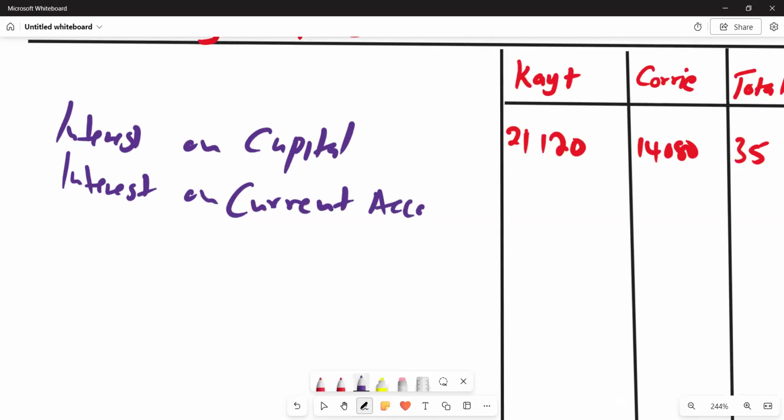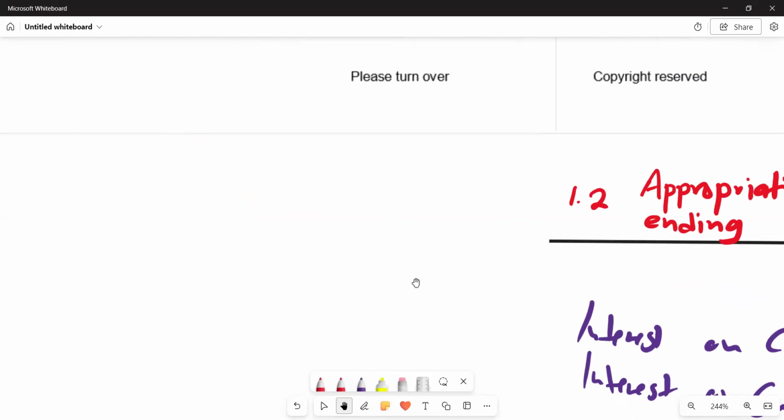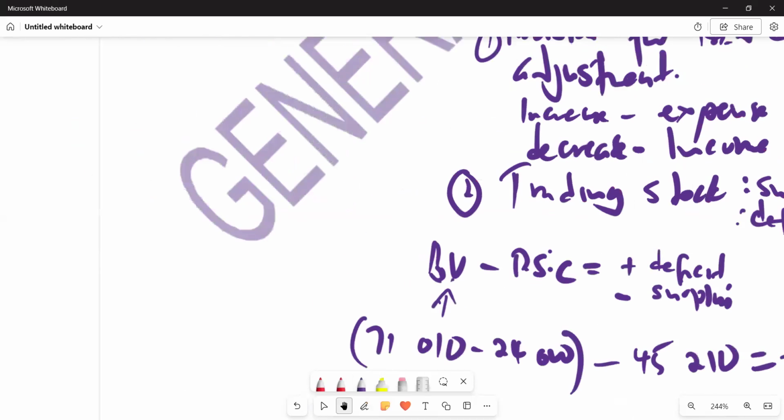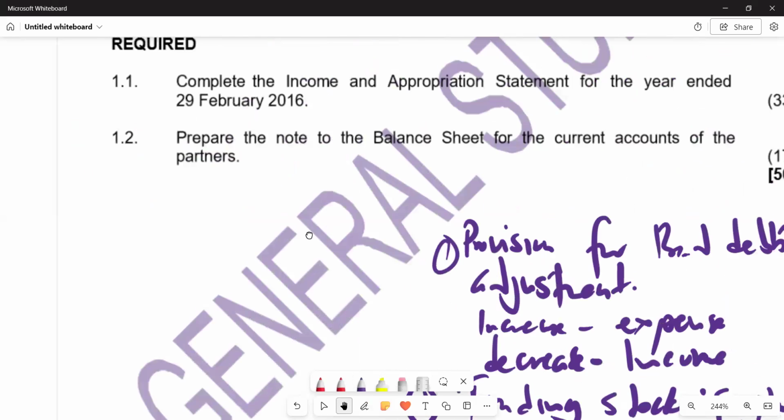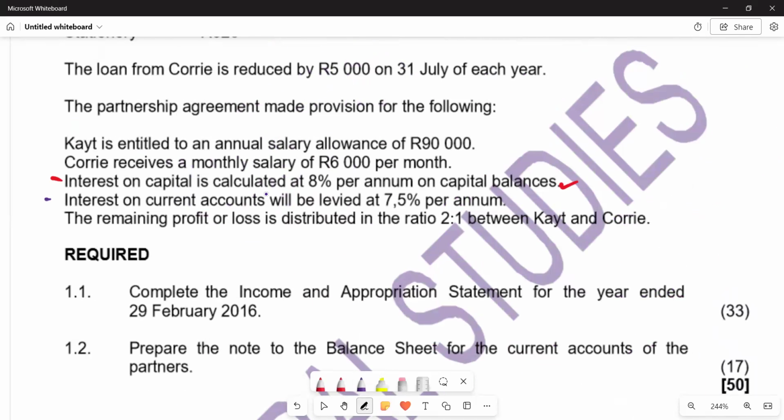We go to the question again to find out how we are going to calculate it. Of course, we get that information from the partnership agreement. The partnership agreement is saying interest on current accounts will be levied at 7.5% per annum. So we are going to use our 7.5.